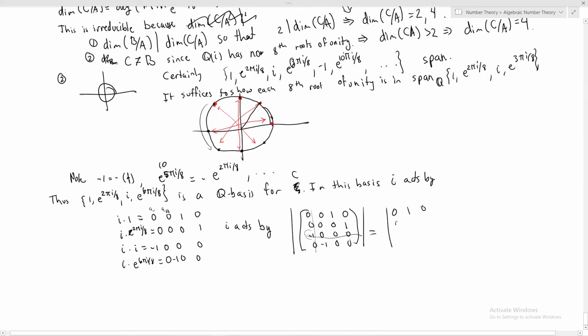Expanding along here, this is positive, negative. I think there should be a negative sign here. So I'm going to get another negative out. Then 1, 0, 0, 1, which is just 1. So we found that the norm from A to C of i was 1.